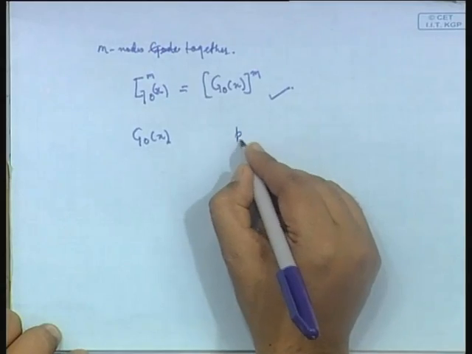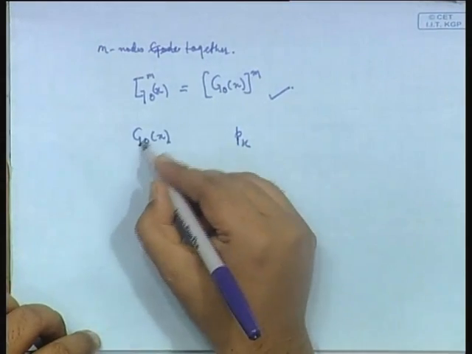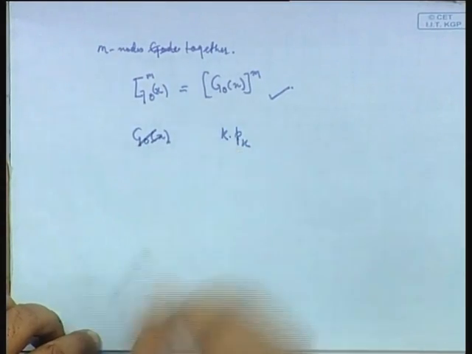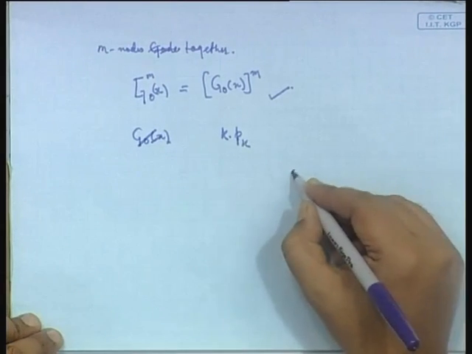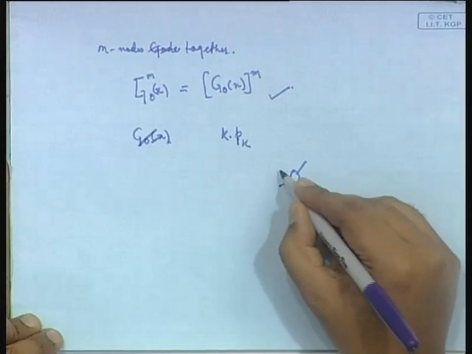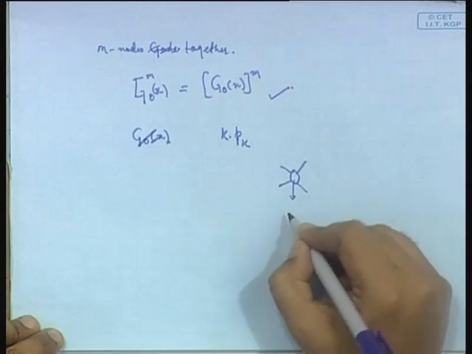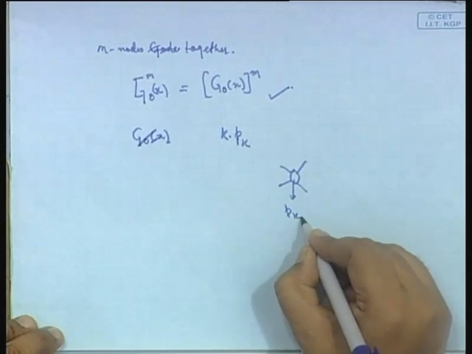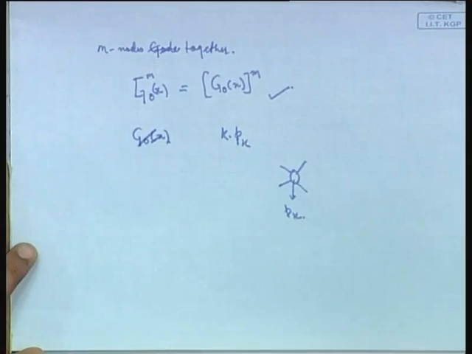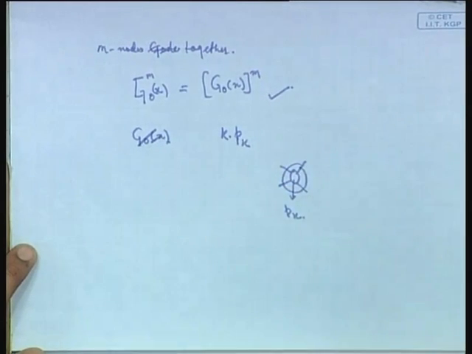It will be pk, but also it will depend upon k, because if I want to reach a k degree node, it depends upon the presence of k degree nodes and also depends upon the number of neighbors.